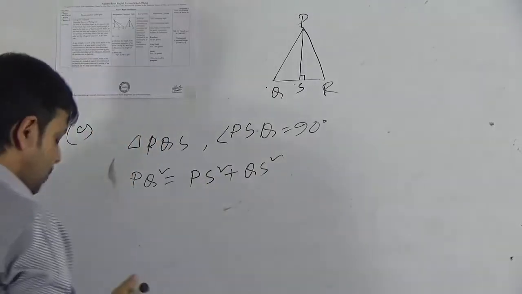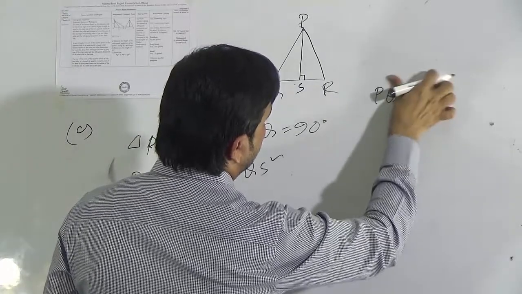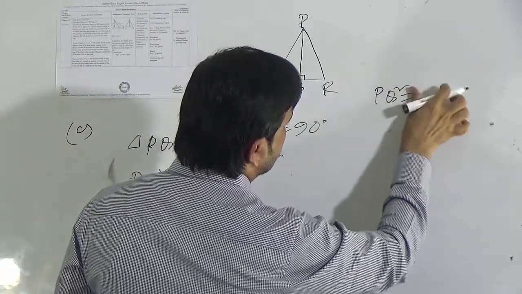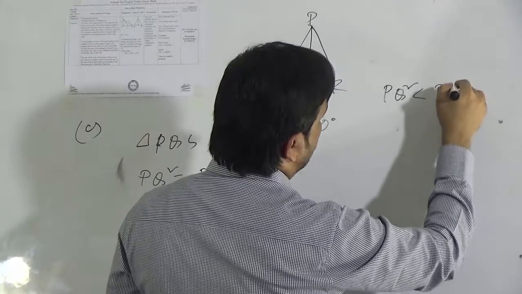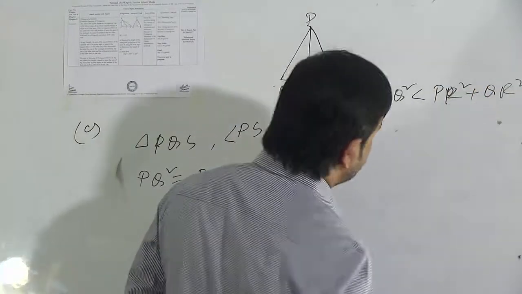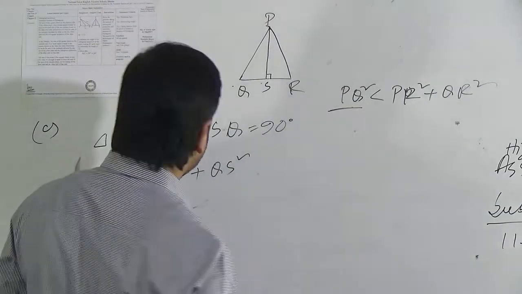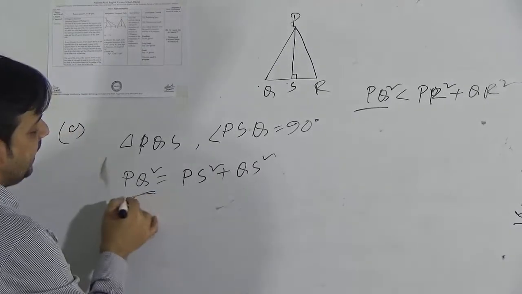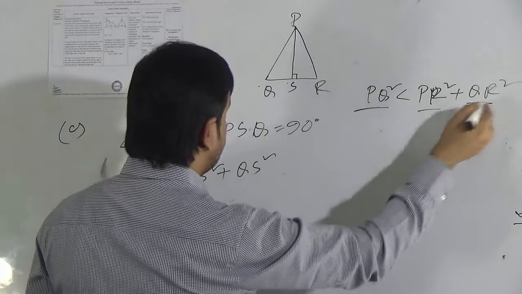But what do we need to prove? We need to prove PQ square is less than PR square plus QR square. Dear students, here we have PQ square on the left side, but on the right side we have PR square and QR square.